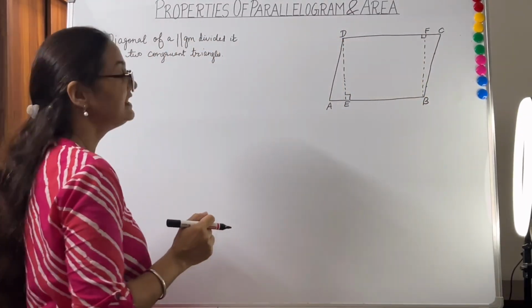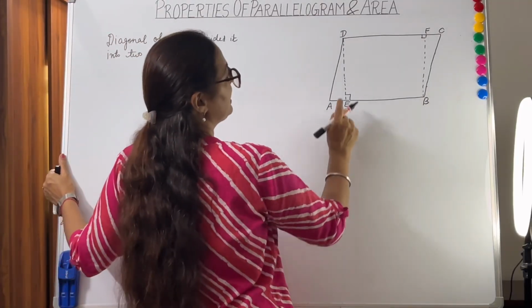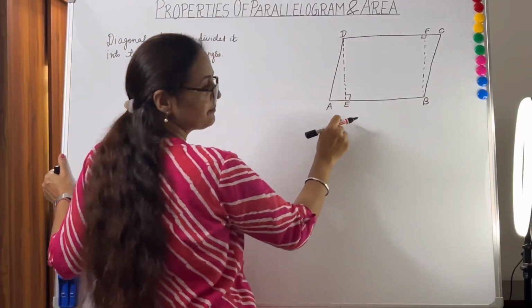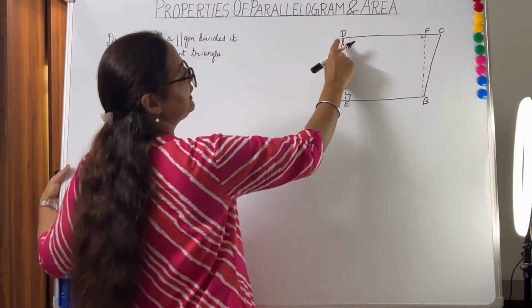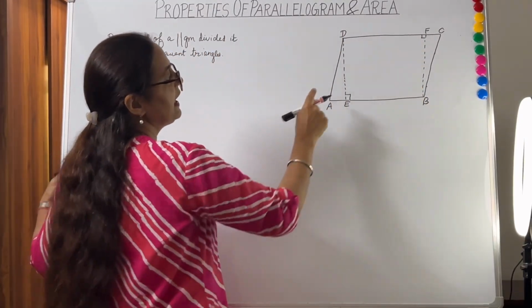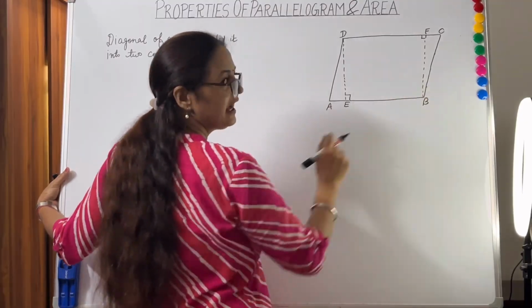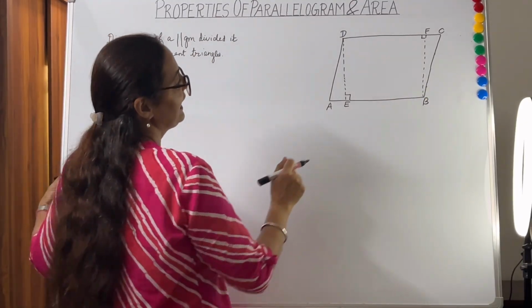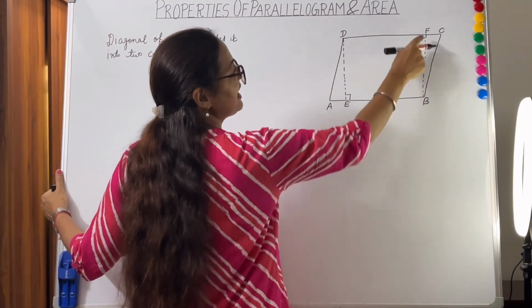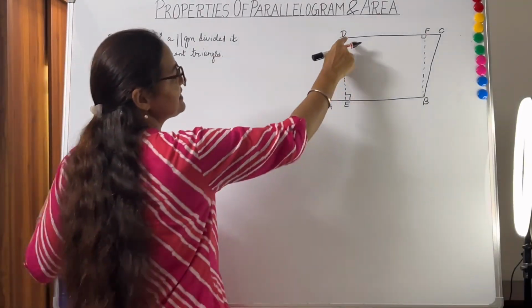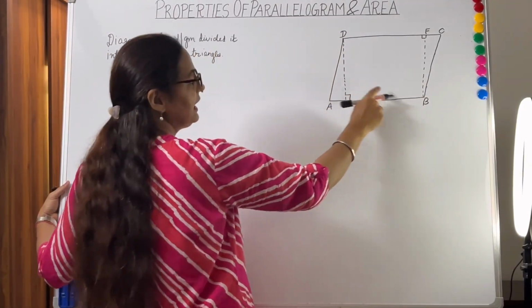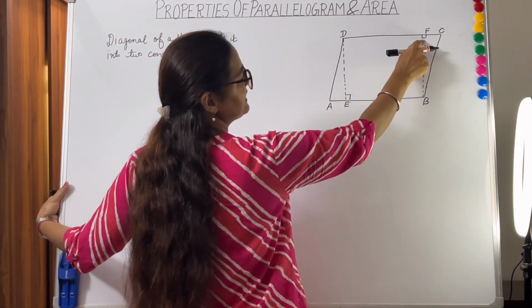What is this? This will be a rectangle. How? See, DE is a perpendicular on AB, BF is a perpendicular on DC. Now, DC and AB are parallel lines and DE and BF are the perpendicular distance between two parallel lines, so they are the same. And these are 90-degree angles.